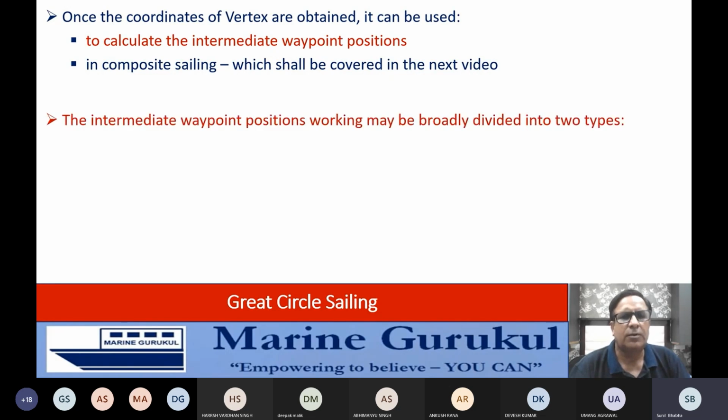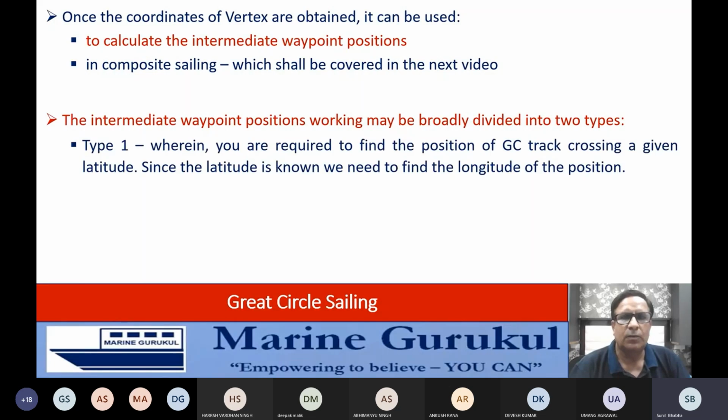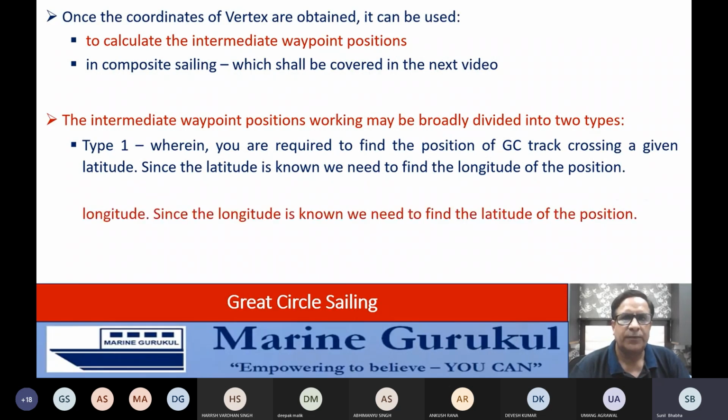Now, when it comes to obtaining the intermediate waypoint positions, there can be two ways of approaching it, depending on the suitability of the track. One is we decide on the latitude on which we would like to have the waypoint, and where this parallel of latitude would cut the GC track. For that point, we need to calculate the longitude.